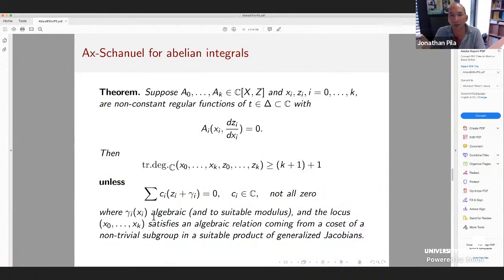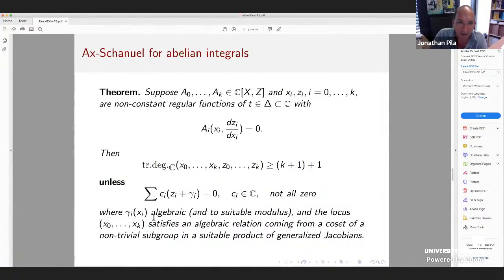Now, of course, we can say rather more about this linear relation, and actually it does correspond to a relation coming from a coset, a non-trivial coset relation in some suitable generalized Jacobian. But since we don't introduce those until the proof, we'll just state the theorem like this.